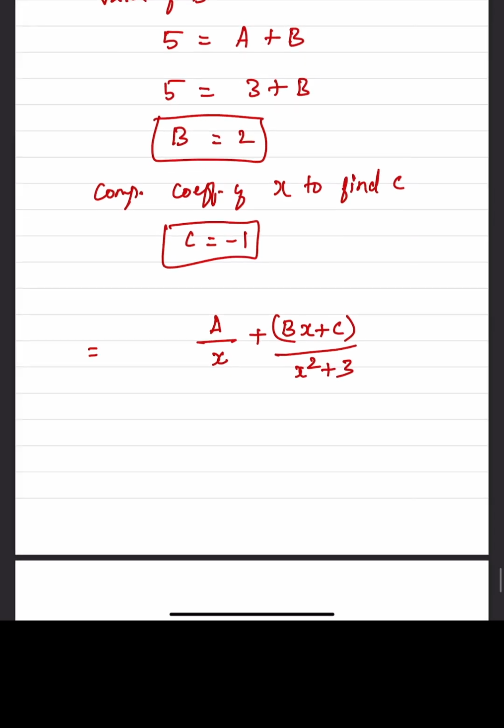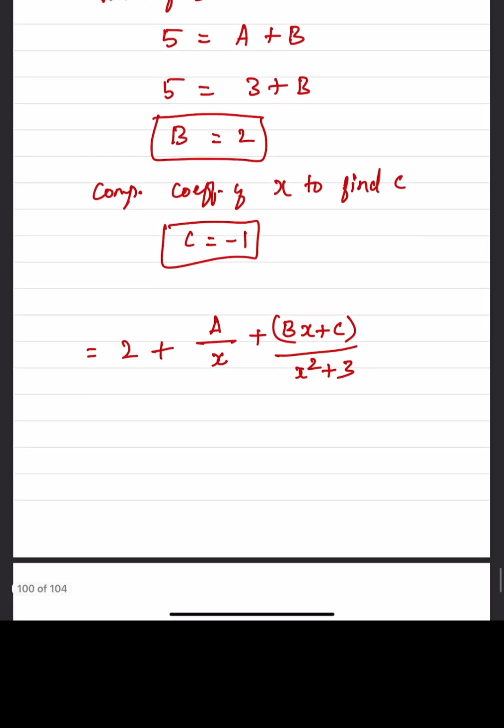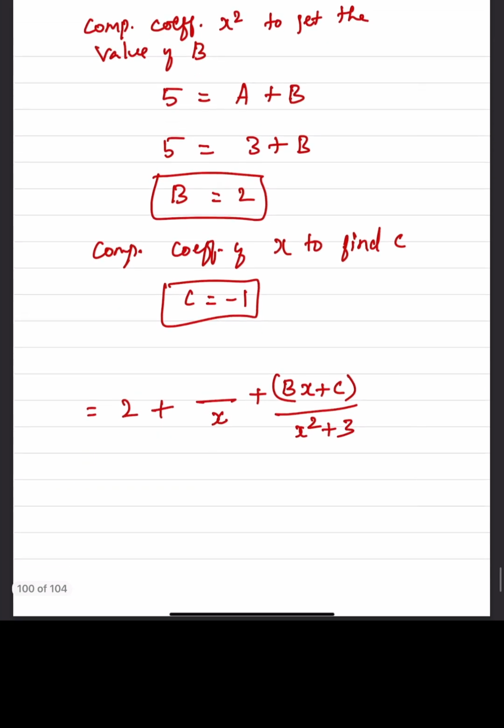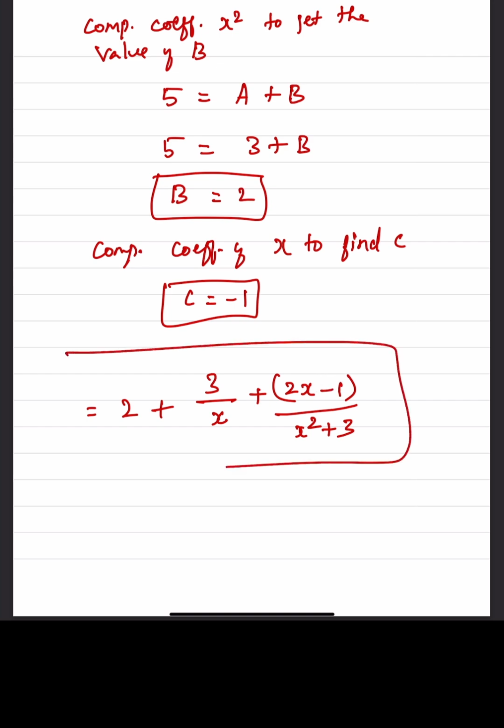So this becomes 2 plus, instead of a we write 3. For this b we write 2. Then for c we write minus 1. So we can write this as plus c as minus 1. So this is our answer.